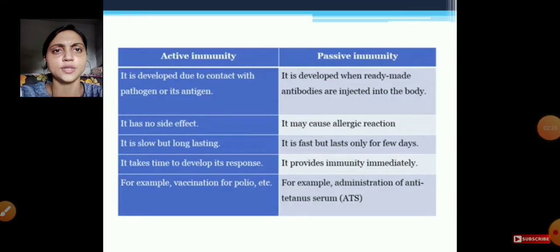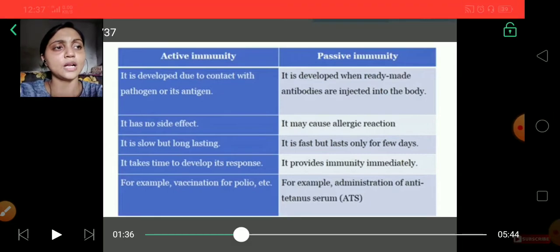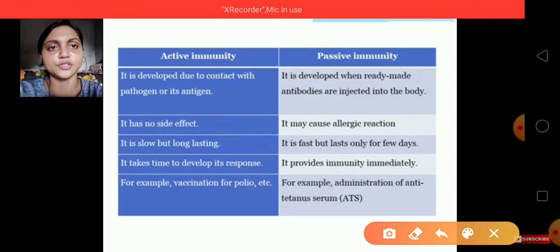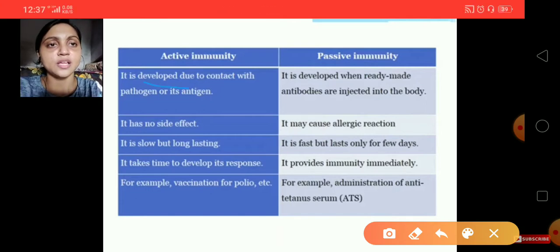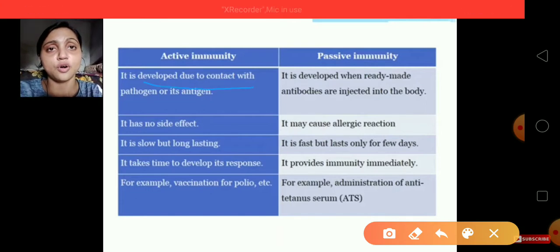Now, the active and the passive immunity. This is the difference table between the active and the passive immunity. The active immunity is developed due to the contact with the pathogen or its antigen.